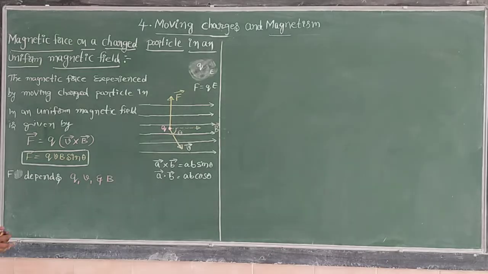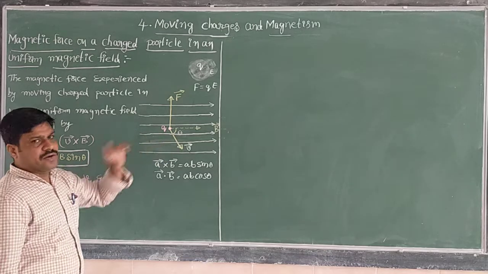Now, what is the direction of the magnetic force? The direction of the magnetic force is perpendicular to the plane containing V bar and B bar.